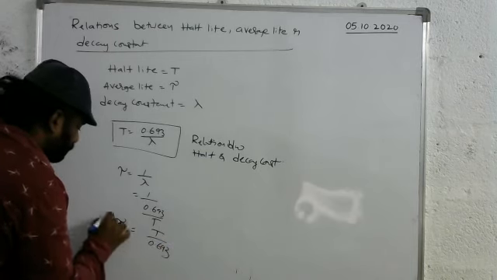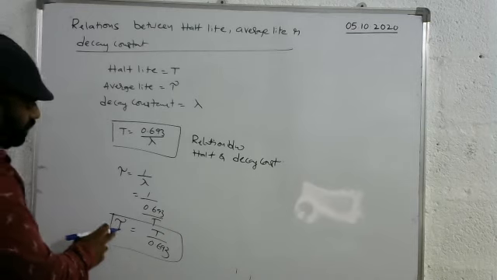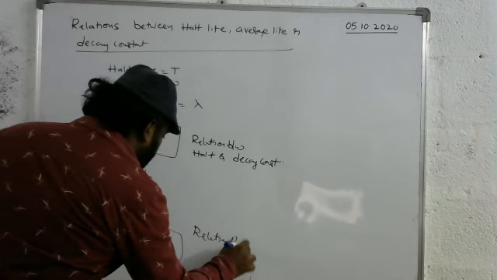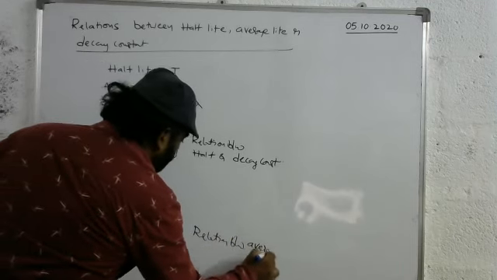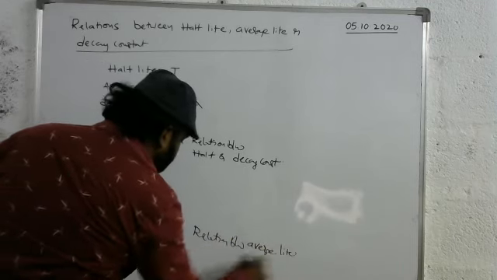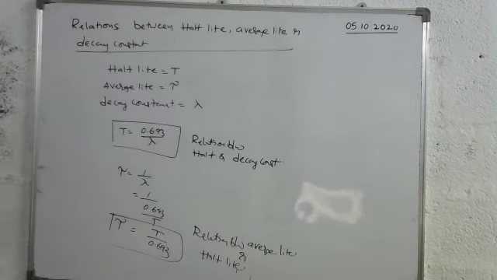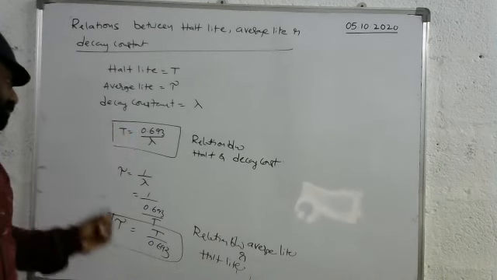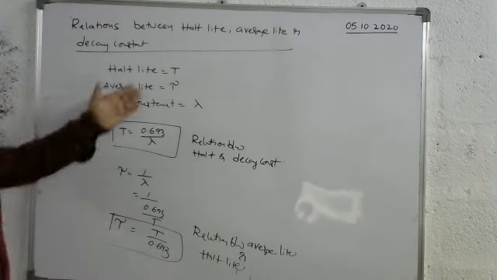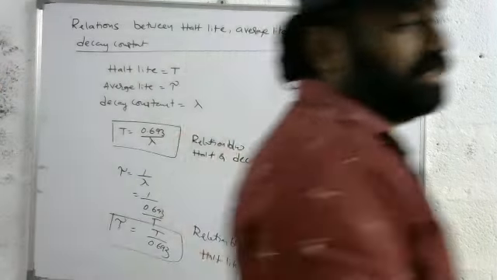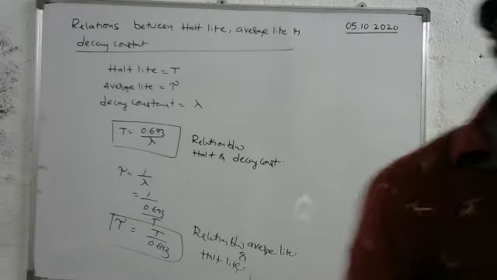This is the relation between average life and half-life. So these are the relations between T and lambda, tau and T, where T is half-life, tau is average life, and lambda is the decay constant. Let us see some of the problems regarding these.